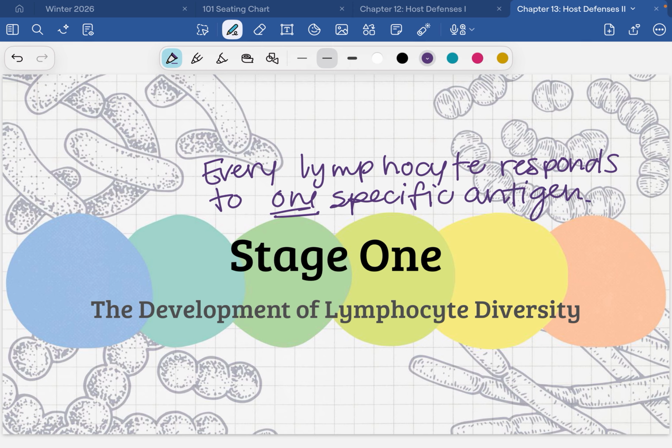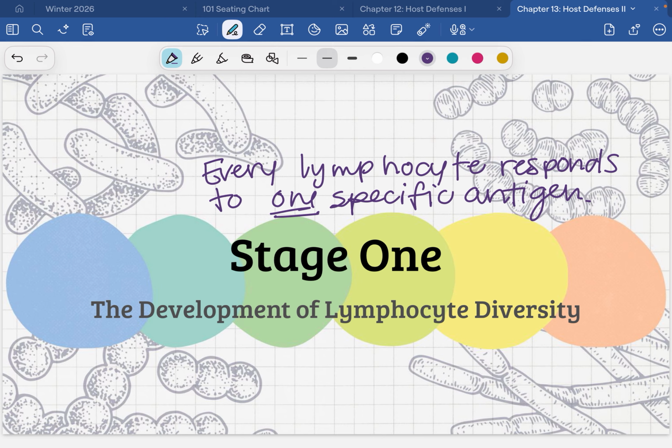Okay, remember how I said that specificity is the key to this adaptive immune system. And this is a big part of it. Every single one of the lymphocytes inside your body, both B cells and T cells, responds to one and only one specific antigen. It's like each individual lymphocyte is on the lookout for something specific.